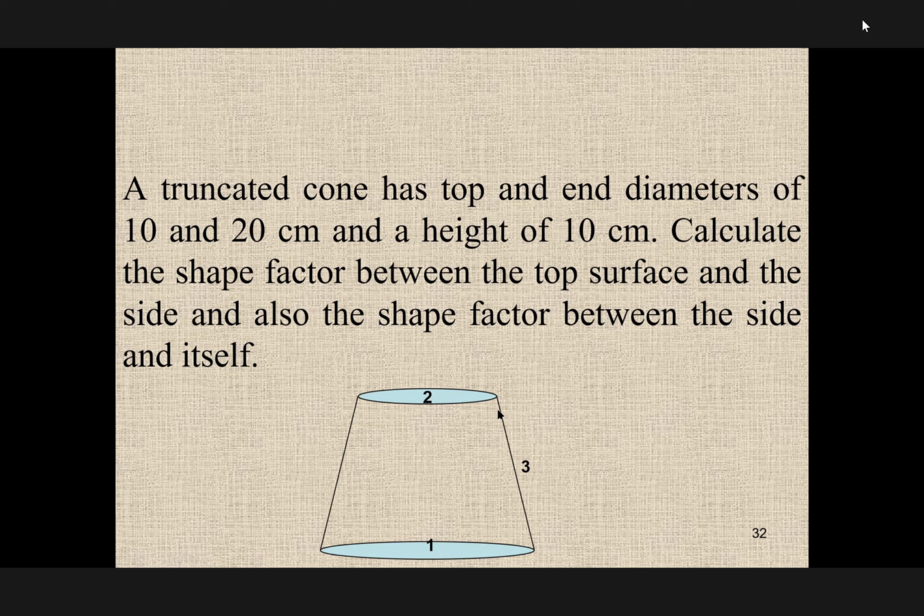You have the diameter here, and you know the distance between 1 and 2. But the problem is not asking to calculate 1 to 2, therefore you cannot use the figure directly. It's asking to calculate the shape factor of top F2 to 3. What percentage of energy leaves surface 2 will be captured by the sides?